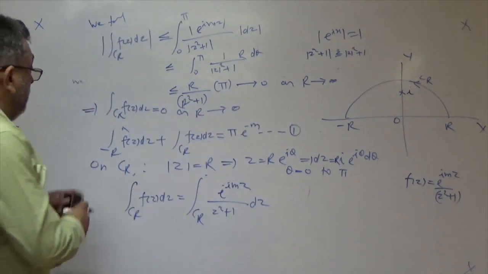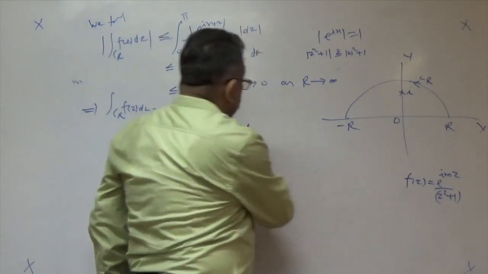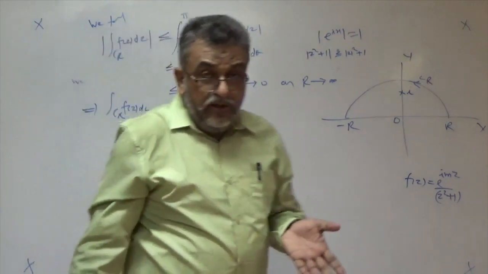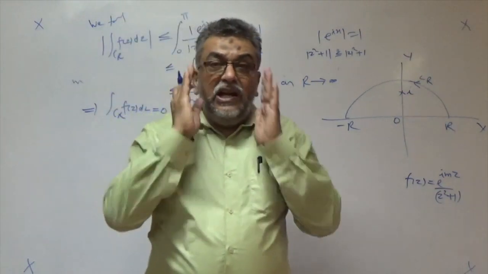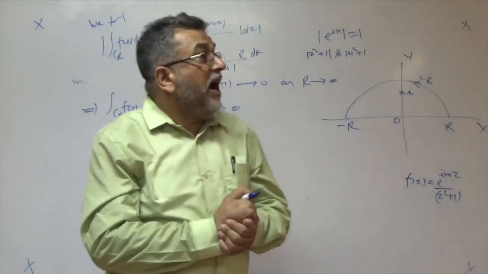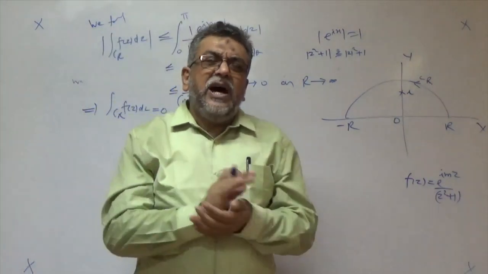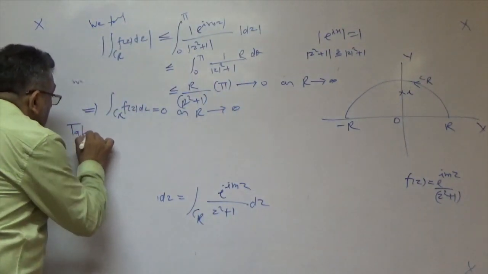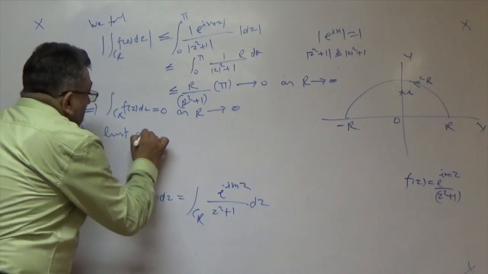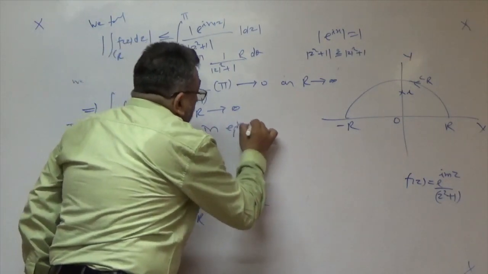Now we have the value of this integral when R is a very large value. As you assume that mod z equal to capital R is a large circle, meaning R has a very great value, simply R tending to infinity. So now take the limit as R tends to infinity in equation 1.